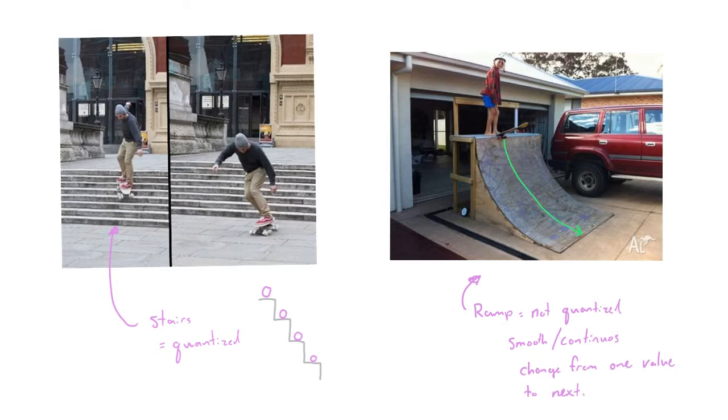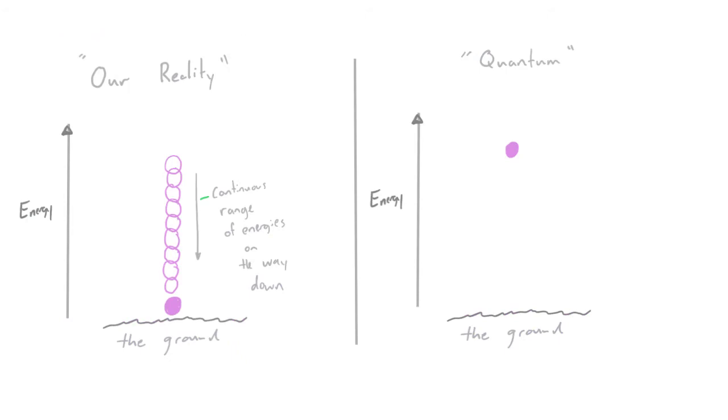one to the next. So let's take these analogies down to the microscopic level, where we're going to talk about electrons and atoms. It turns out that things that are very small, like electrons and atoms, live in a world that's mostly quantized. Electrons, for example, can and do exist outside of the nucleus of the atom.